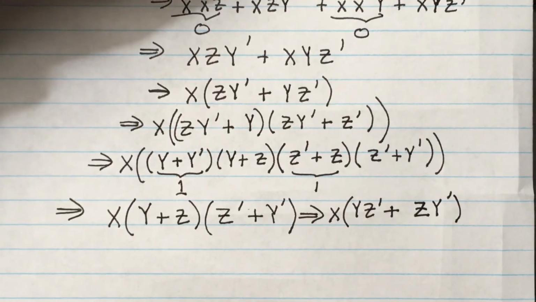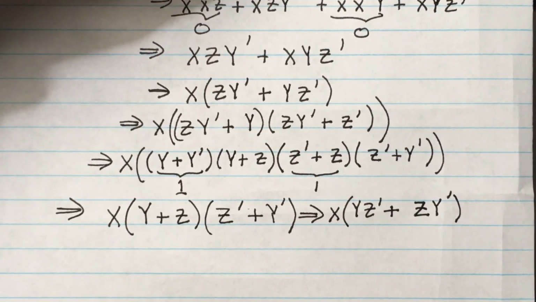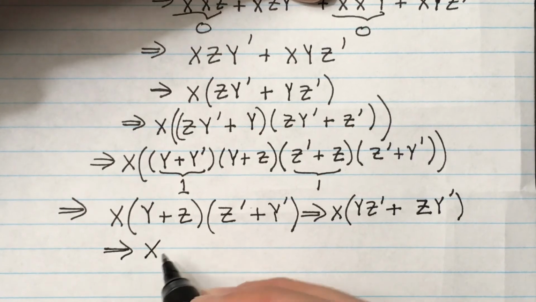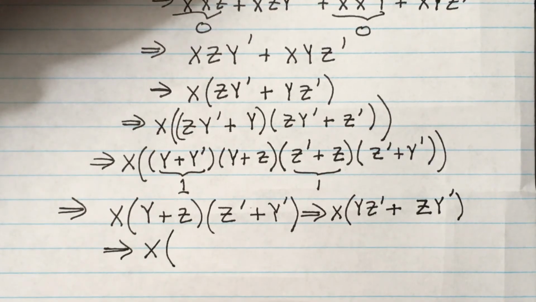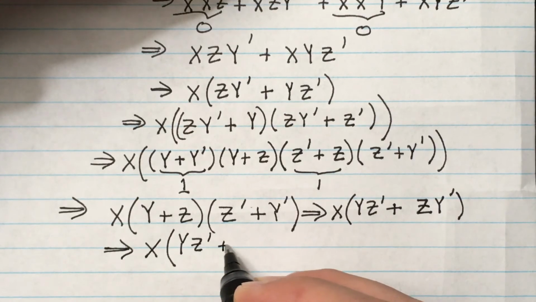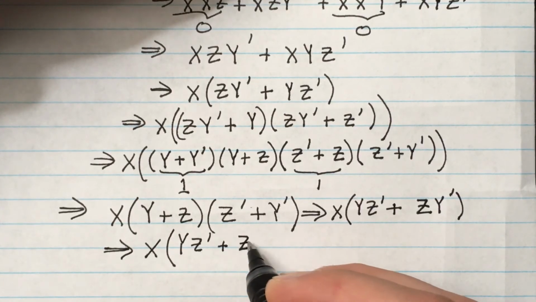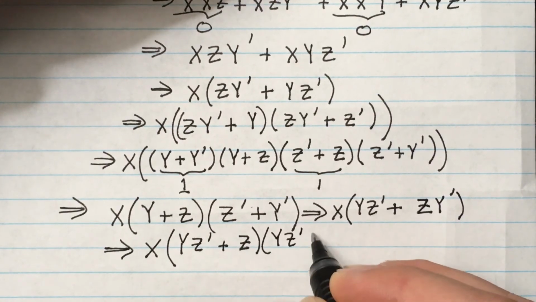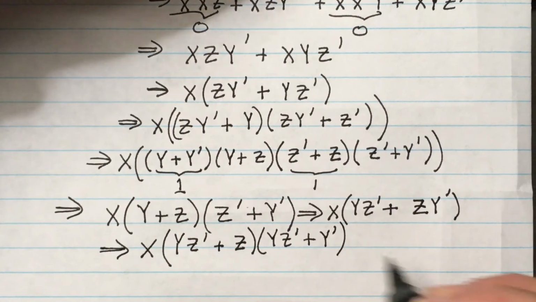And that's pretty much it. You can't go any further. Or maybe you can. Let's see, then that would be x, and then you would have y z prime plus z, and then y z prime plus y prime.